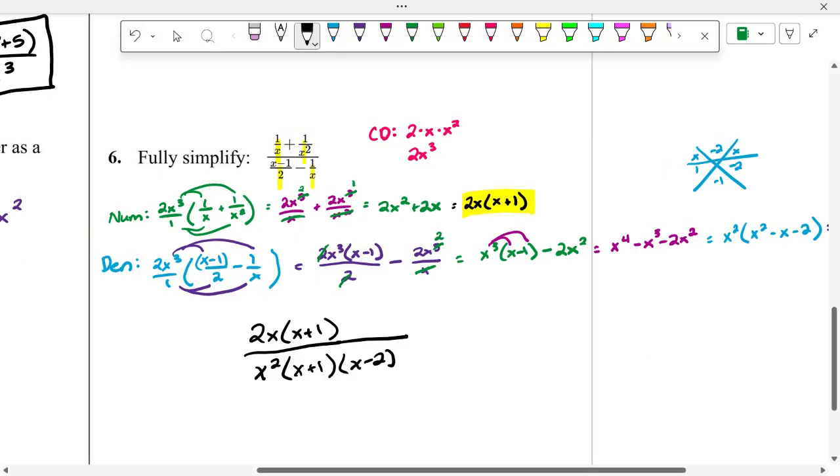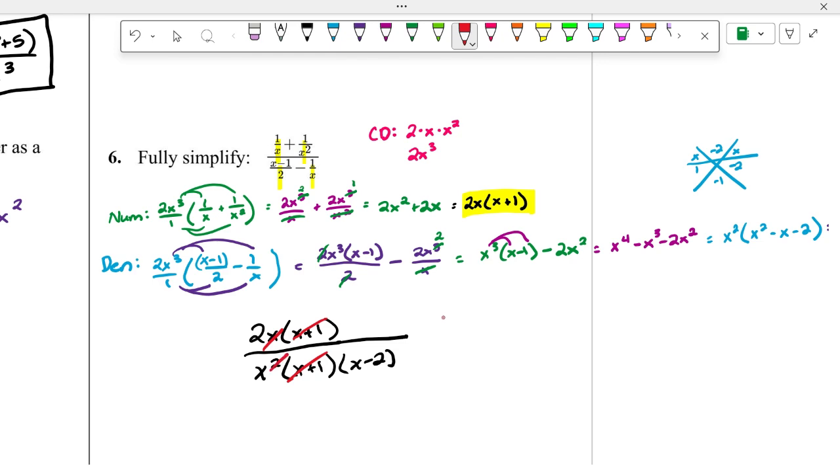So, what can I cross out with that big fraction? X plus 1. Those are gone. What else can I cross out, Tyreek? X. So I can cross out one of the x's. So what am I left with on the bottom? How many x's? 3, 2, if I take 1 away. 1. So I'm left with 2 over x times x minus 2. And that's it.